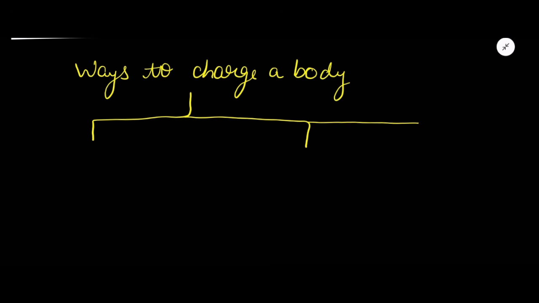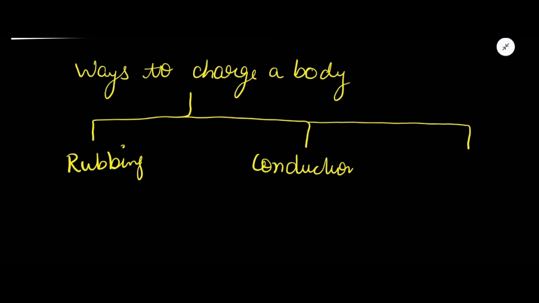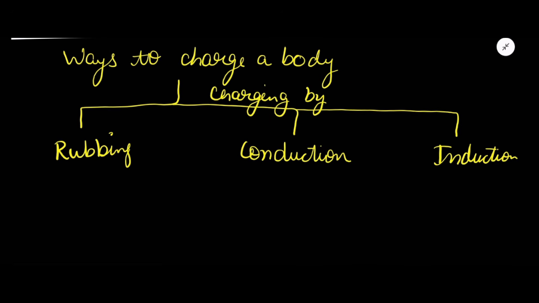Either we can charge it by rubbing, as we know, or by the conduction method, and the third method is induction. So these are the methods: charging by rubbing, charging by conduction, and charging by induction.